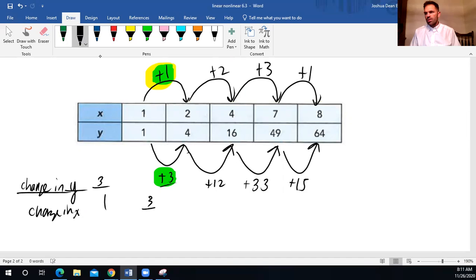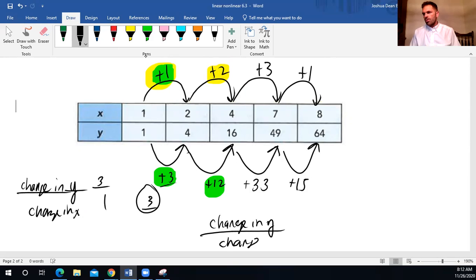So this right here is going to be 3. In this next one, I have plus 2 and plus 12. Well, that's going to be, again, change in y over change in x. So my change in y is 12 divided by my change in x, which is 2, gives me 6.